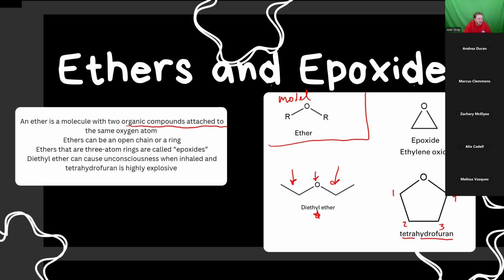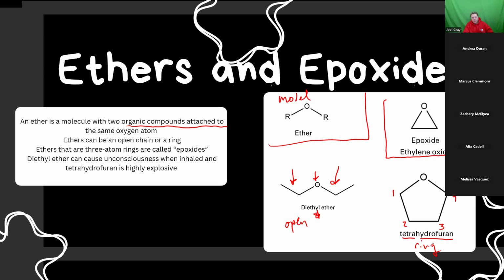Now, last but not least is kind of a unique example. So ethers can be ringed, which is what we see with tetrahydrofuran, and open, as with diethyl ether. These are both ethers. One of them is open, and one of them is a ring.